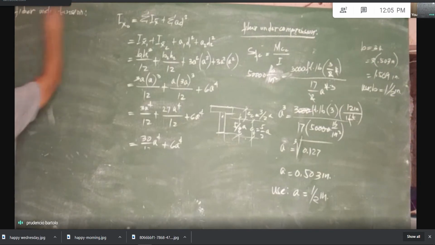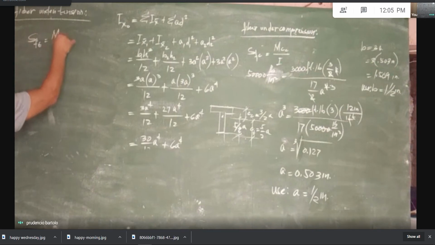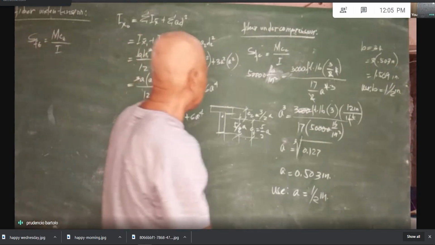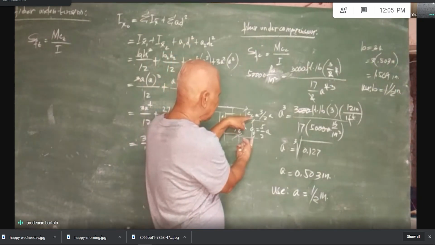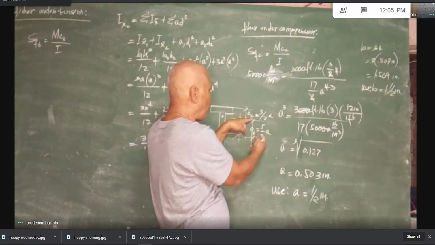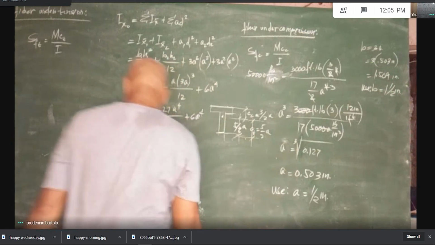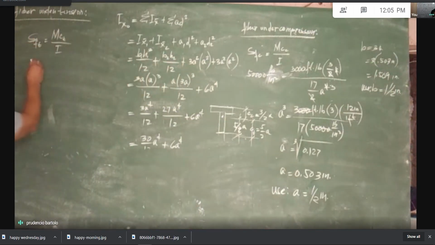So considering fiber under tension, that is now SFP equal to MCT over I. Our C under tension is 5 over 2A. So we substitute values.